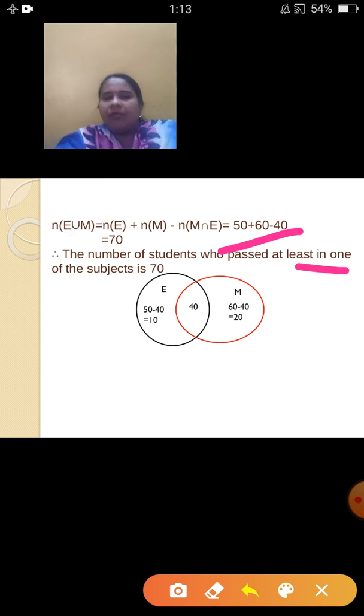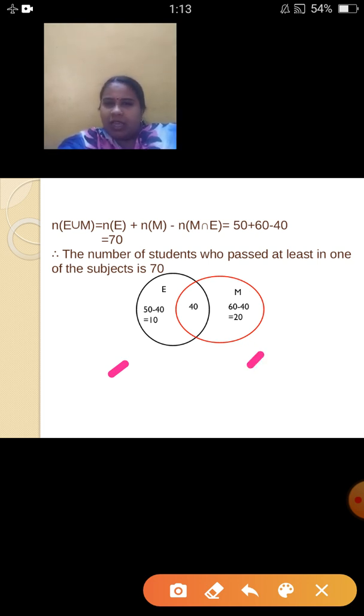Here also I have drawn a Venn diagram to make the concept clear. Look at this. E represents students passing in English. M represents the set of students passing in maths. And this represents the common part, that is the intersection. So only English is 50 minus the intersection part, that is 10. Only maths is 60 minus the intersection part, that is 20.